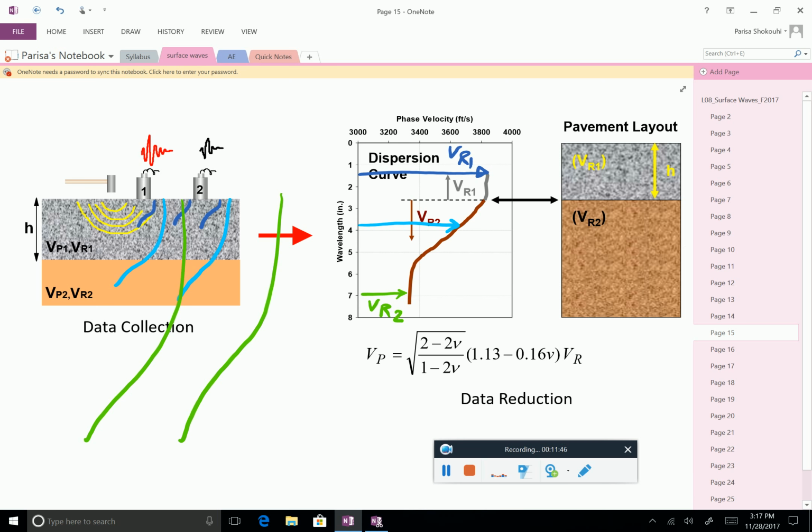So people typically try to use a source for surface wave testing which is broadband. That means that you are exciting a range of frequencies from dark blue all the way to green, so that you can have different wavelengths which propagate through different layers in your material.